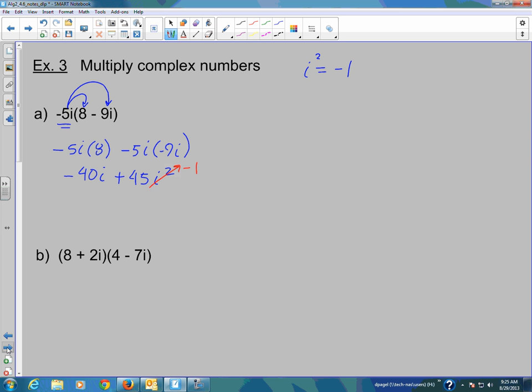And then you end up with negative 40i plus 45 times negative 1. If we put ourselves in standard form, we'll put the real part out in front and the imaginary part later. And we get negative 45 minus 40i.